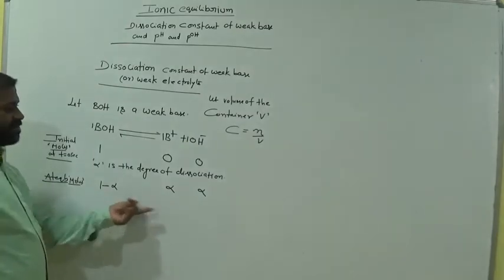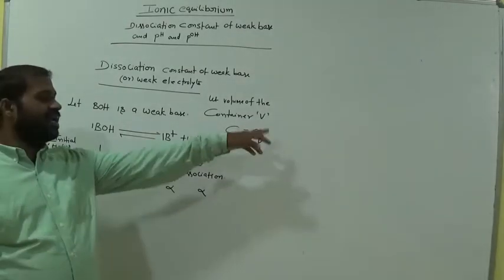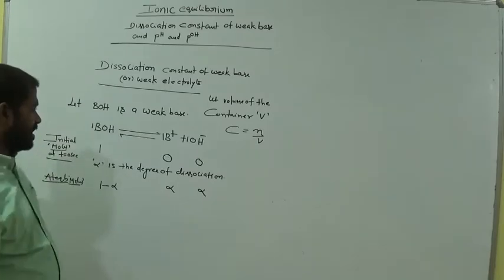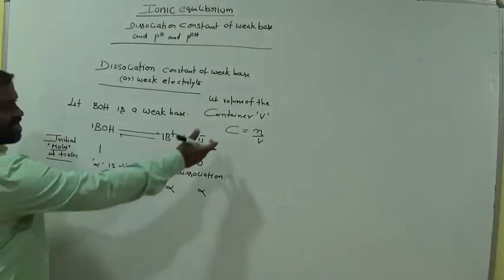Now here we have the number of moles at equilibrium, and we also know the volume of the container. Now divide by volume, then we get concentration terms.